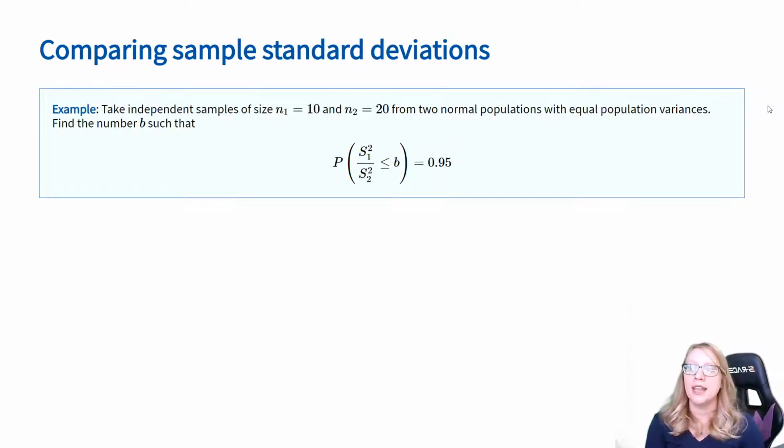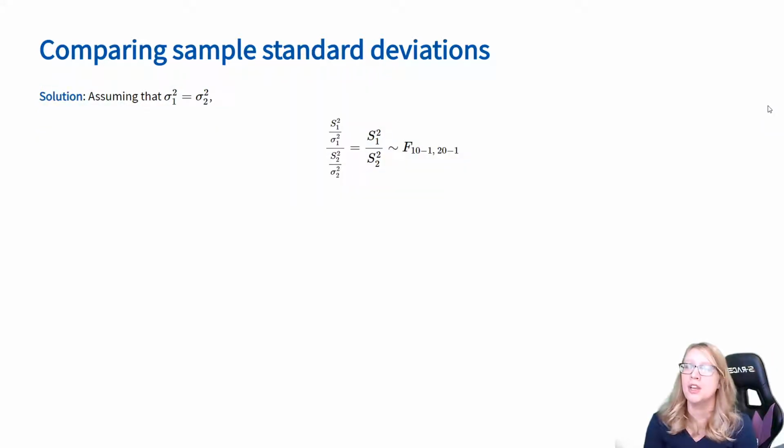So let's find a value b such that the ratio of the sample variances will be less than that value b with 95% probability. So again, assuming that the population variances are equal, the ratio of these sample variances follows an F distribution with 9 degrees of freedom in the numerator, 19 degrees of freedom in the denominator.